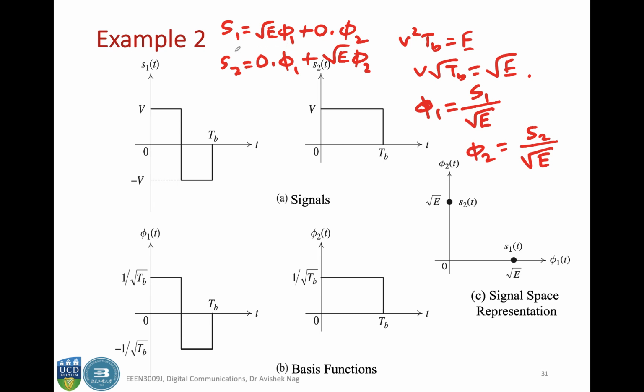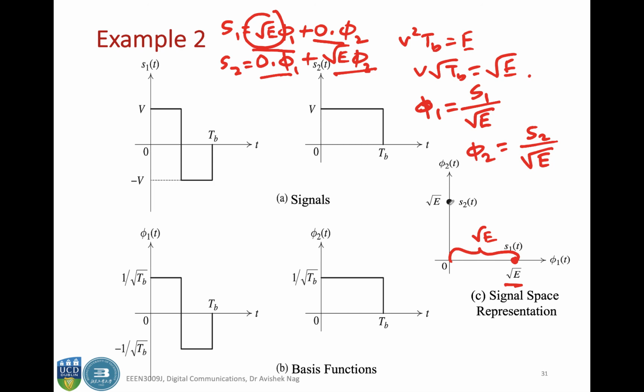Your S1 is along the phi 1 axis and it has a 0 component along phi 2 axis. So your S1 is here and the amplitude of your S1 is square root of E. And again your S2 is along the phi 2 axis and it has a 0 component along phi 1 axis.